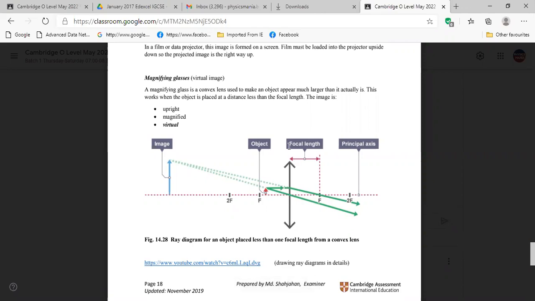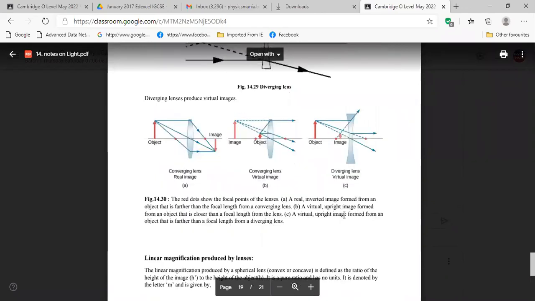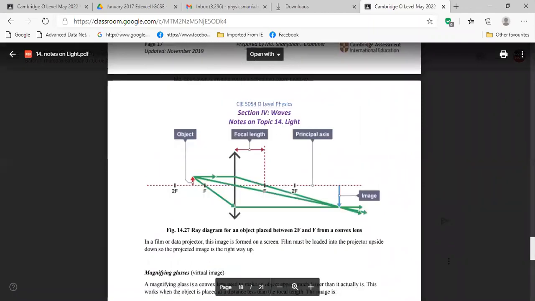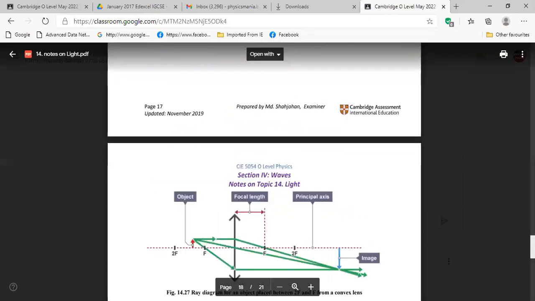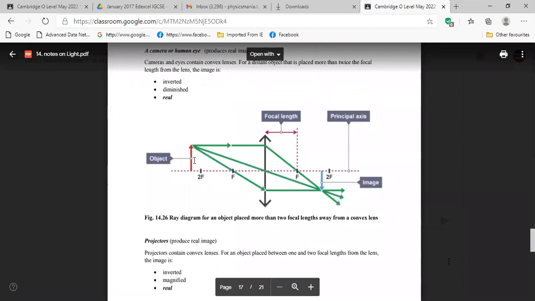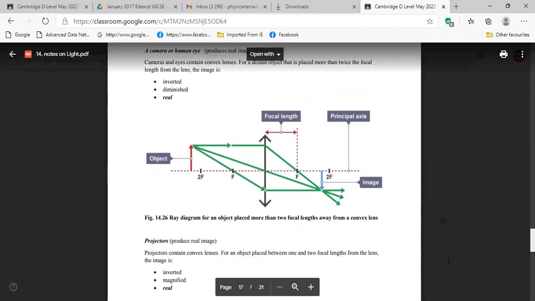The focal length is more, the object distance is less. This is only for magnifying glass. For the other examples, the object is far. Here we have more than focal length, less than double the focal length. Here we have the object more than double the focal length.